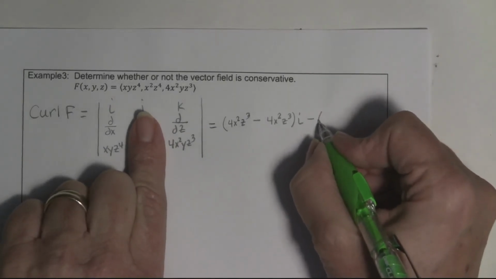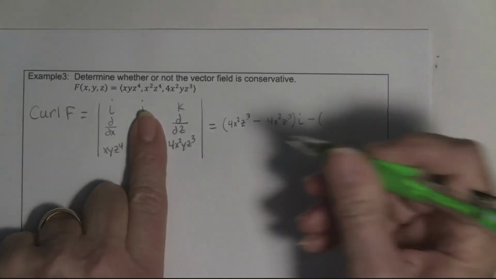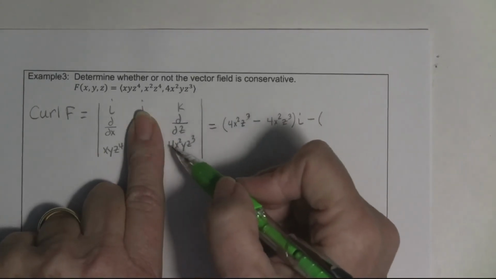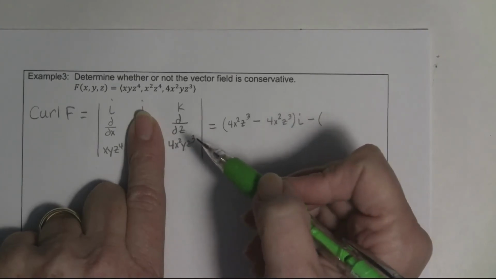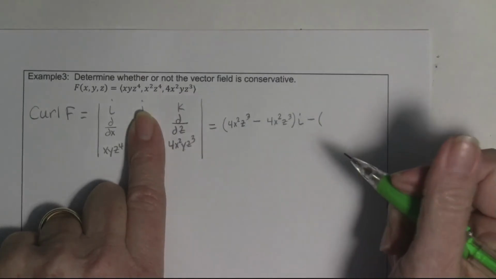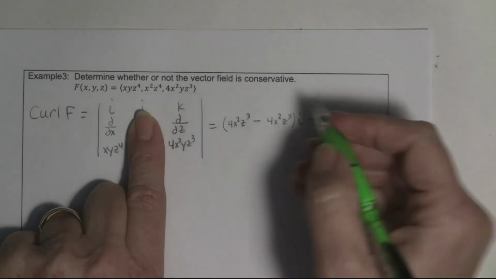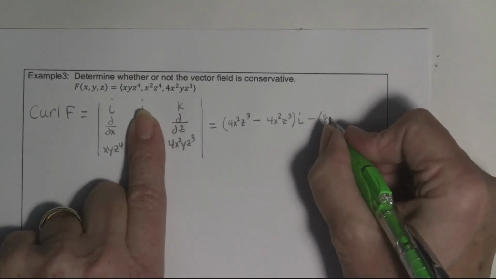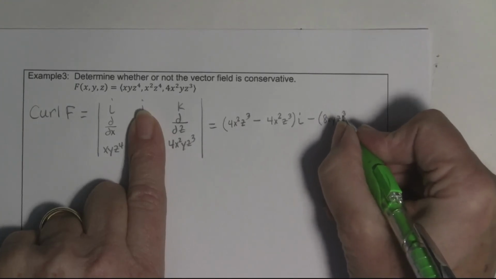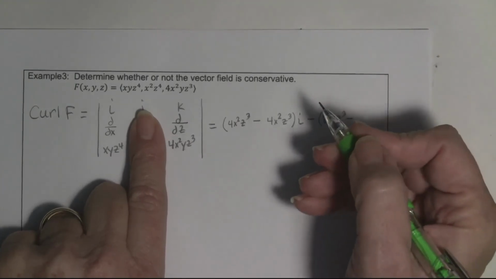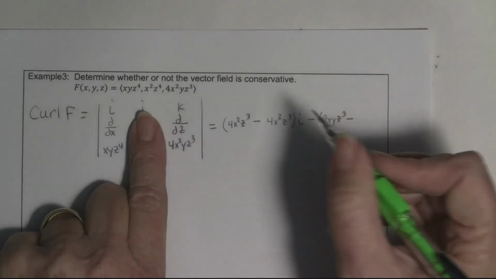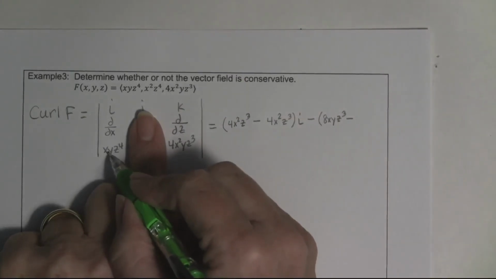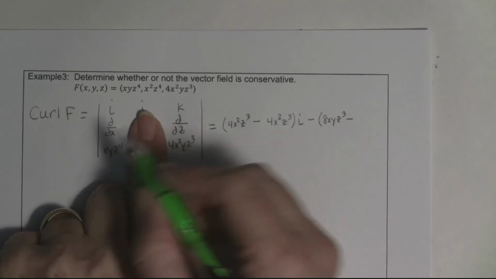So minus, and then the partial with respect to x. So all of this y and the z cubed are all constants. The 4 is a constant. So that's going to be 8xyz cubed minus, and then the partial with respect to z, xy is a constant, so the 4 would come down in front.